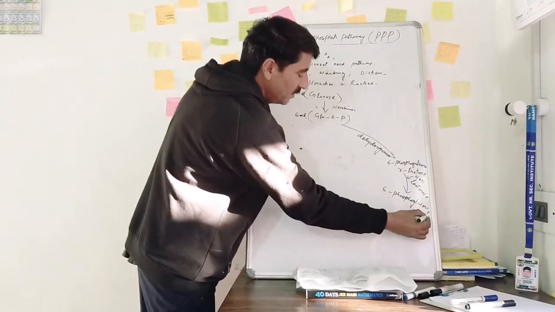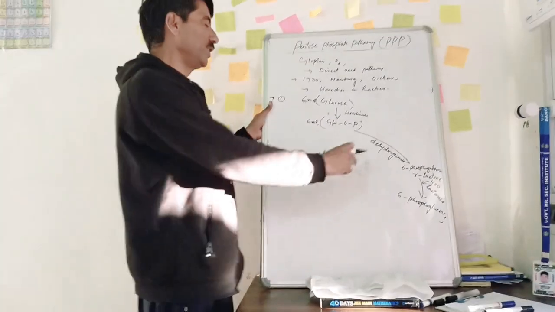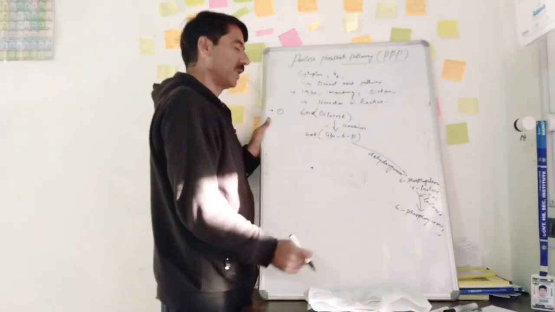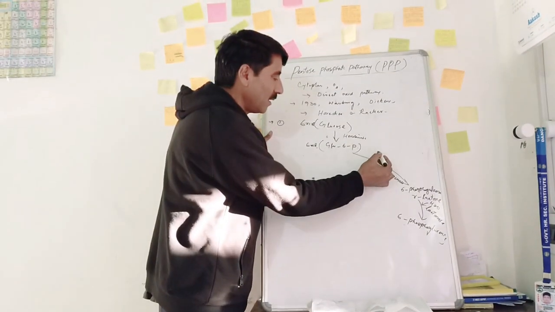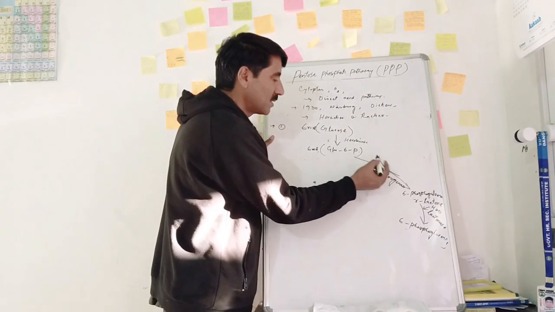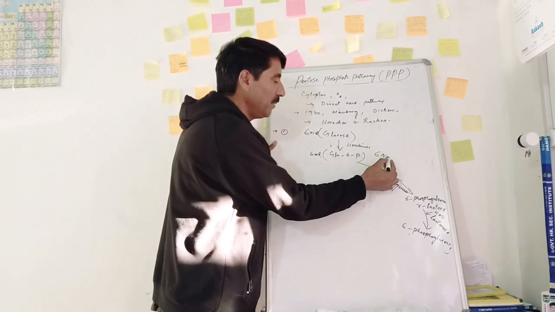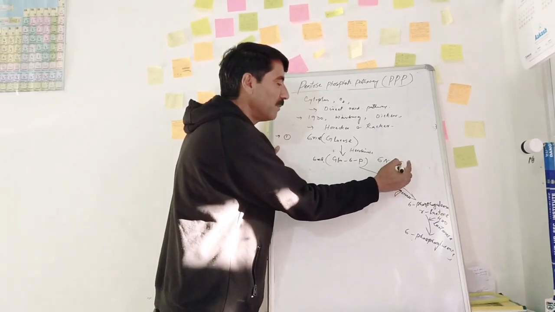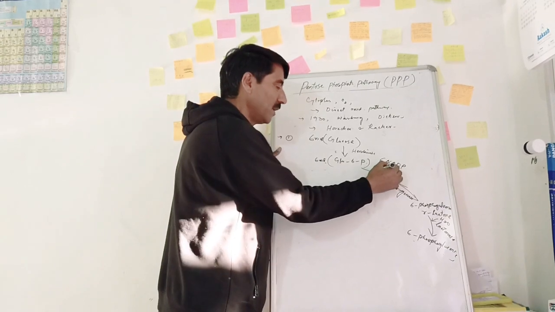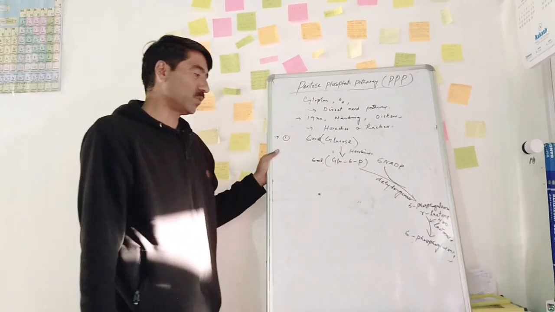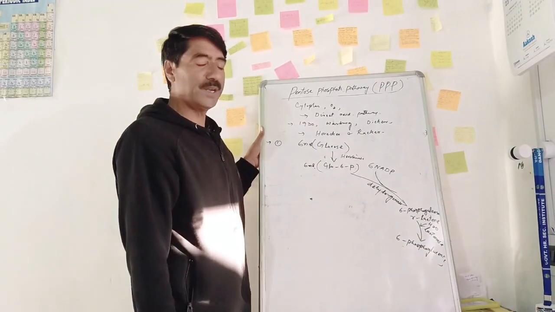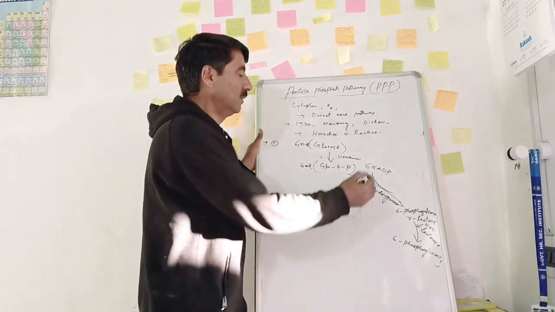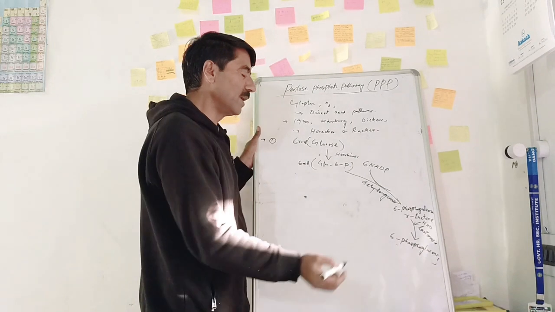Now during this step, the dehydrogenation of glucose 6-phosphate with the help of the dehydrogenase enzyme, 6 molecules of NADP are used. This is nicotinamide adenine dinucleotide phosphate. Remember, here NADP is used, whereas while discussing the Krebs cycle we used NAD positive, which was another coenzyme.